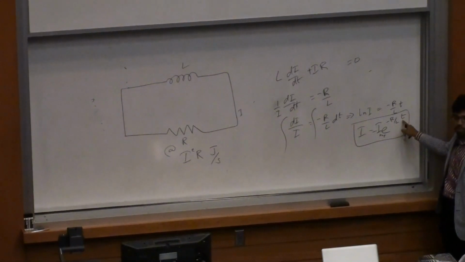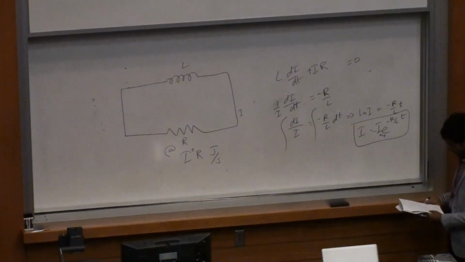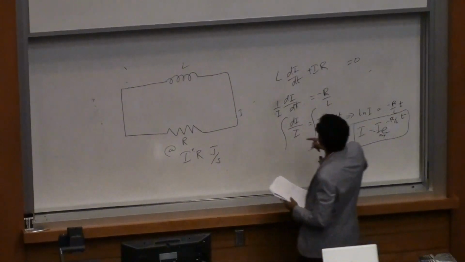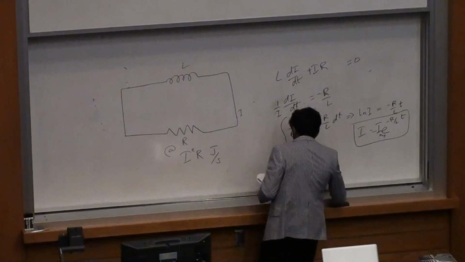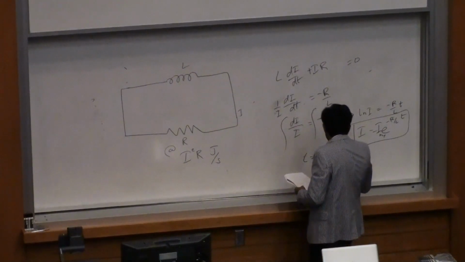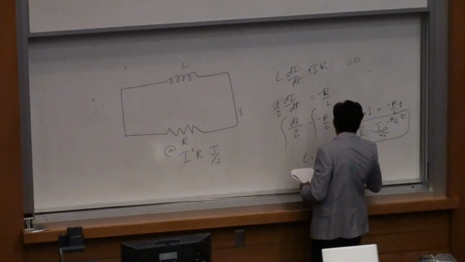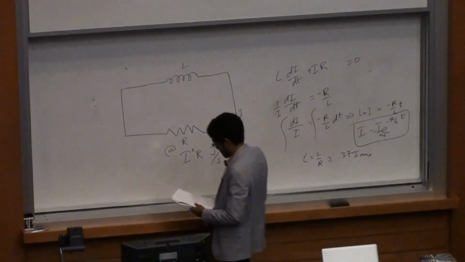And as t goes to infinity, this would die down to 0, which is again what I was expecting. Now the other constant we looked at, t equals L over R. In this case, I get something to the effect of 37% of I max remaining.